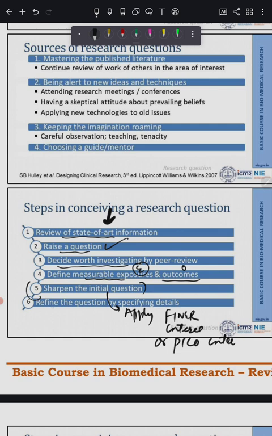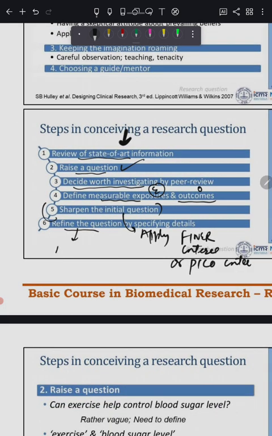Then you have to refine the question by specifying details. For example, you add operational definitions. You finalize how each element is defined and measured in your study, and clarify inclusion, exclusion, and test threshold.